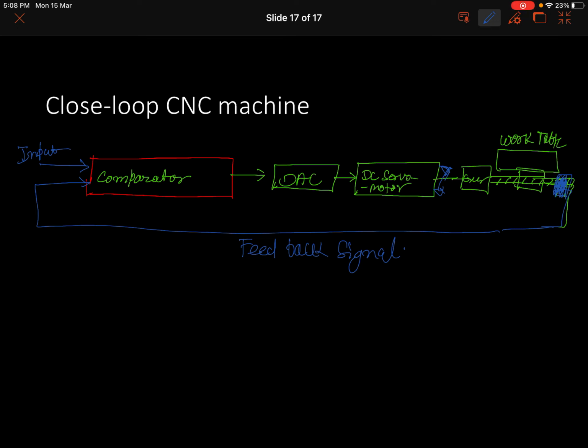So this closed loop system basically uses the feedback system to measure the position of the work table and do the respective corrections, if required, in the position of the work table. So a closed loop CNC machine has a feedback system to monitor the output of the motors, and is also able to correct errors in position, velocity and acceleration of the table and the tool.